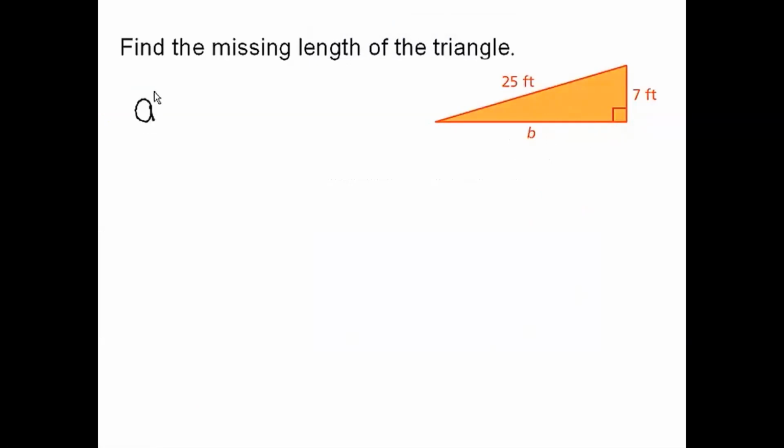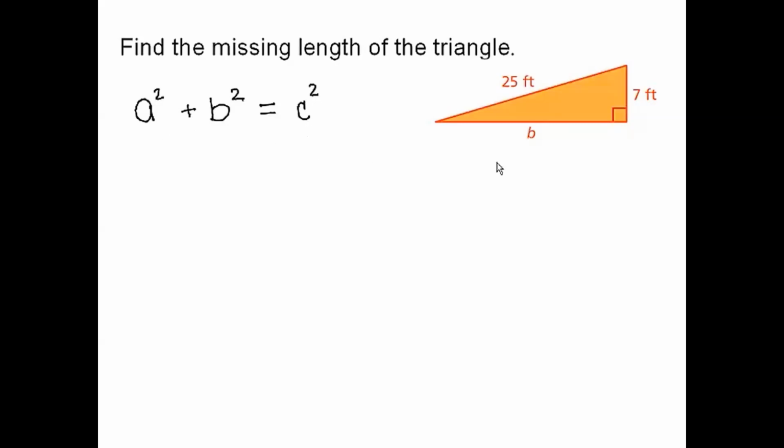The Pythagorean theorem states that the sum of the squares of the lengths of the legs, and our legs are A and B, is equal to the square of the length of the hypotenuse. So we have A squared plus B squared equals C squared.